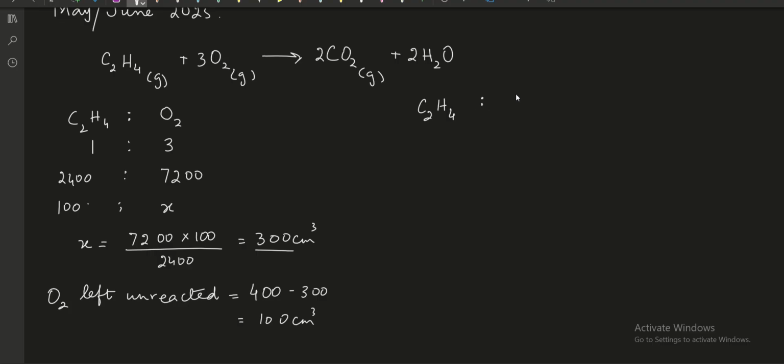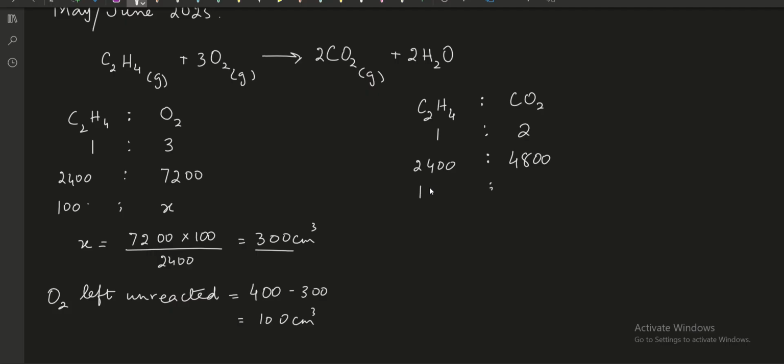So the ratio between ethene and carbon dioxide is 1:2. So you can say that if you have 2400 cubic centimeter of ethene, it will produce 4800 centimeter cube of carbon dioxide.